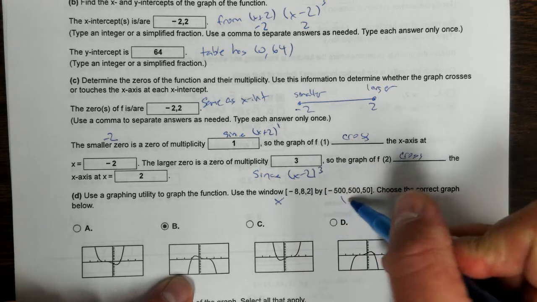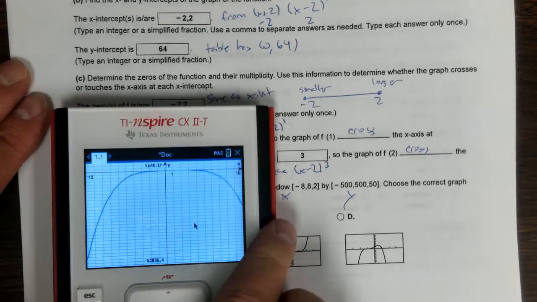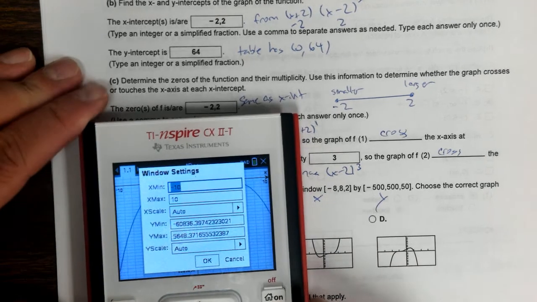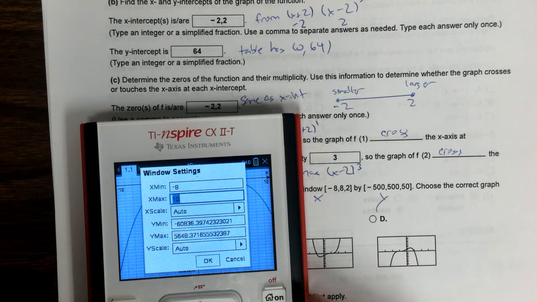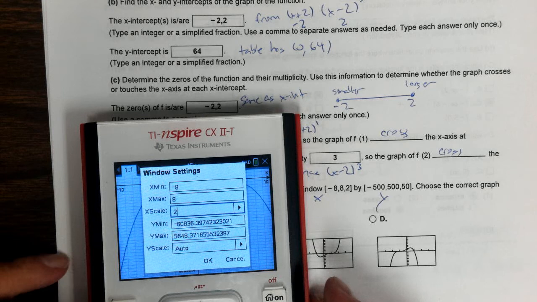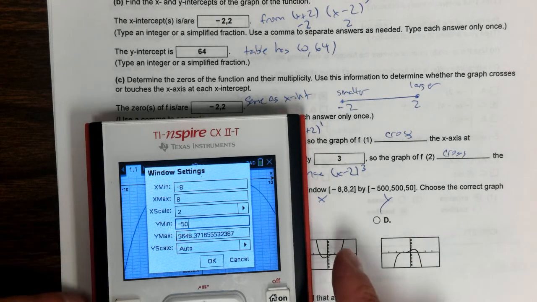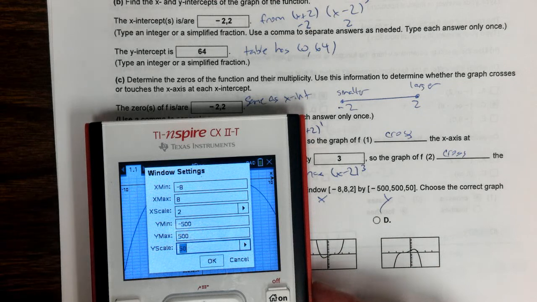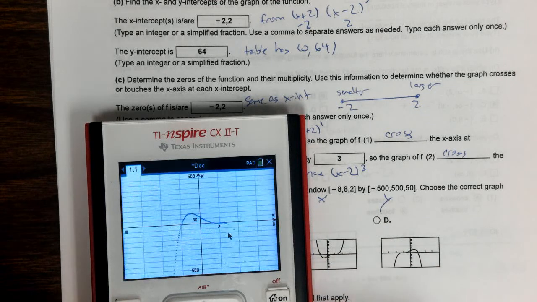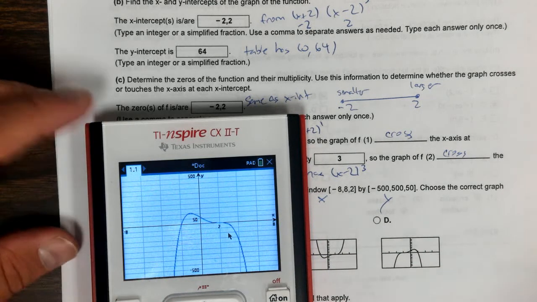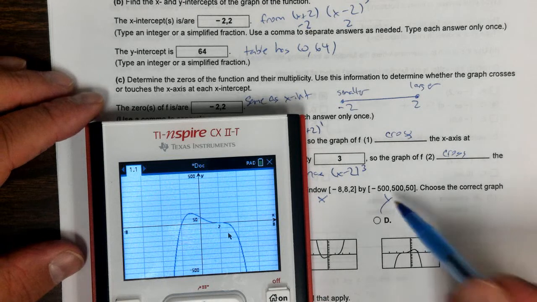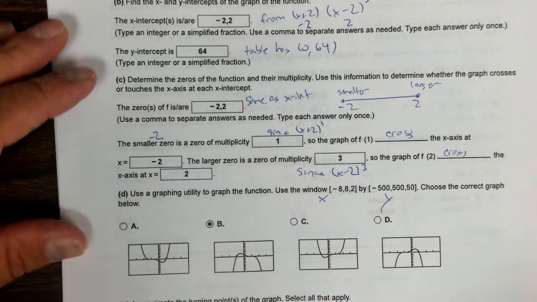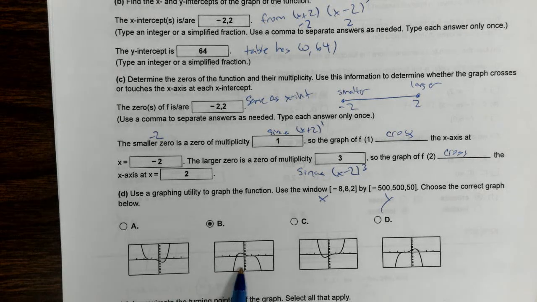These are your X's, these are your Y's. My bad. So you go to your window settings and you want negative 8 to 8 by 2 and negative 500 to 500 by 50. And now you should have a good graphing window. So that's your graphing window. And so then you know it's that graph.